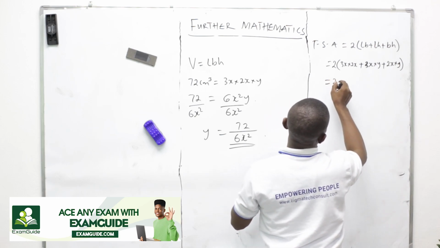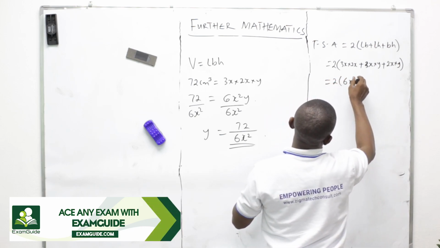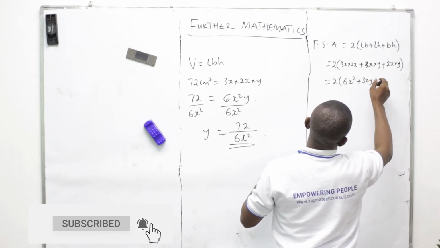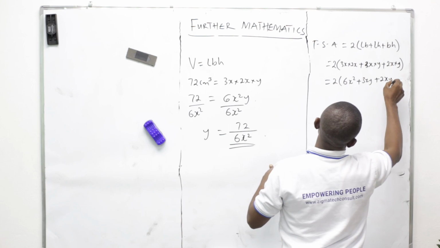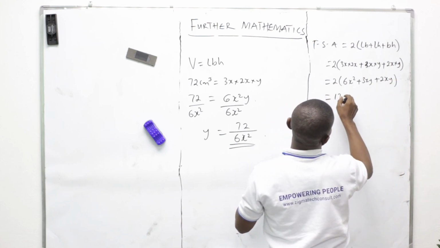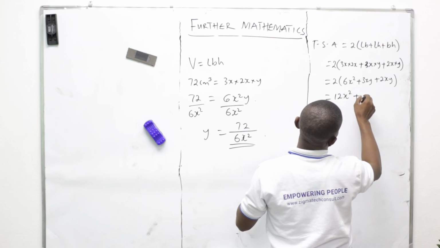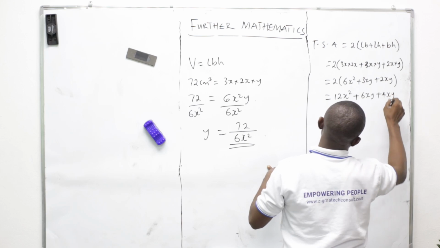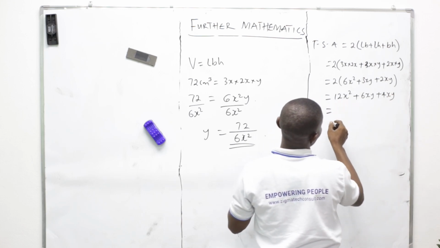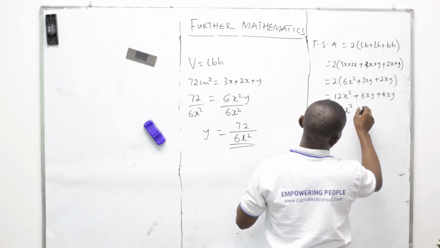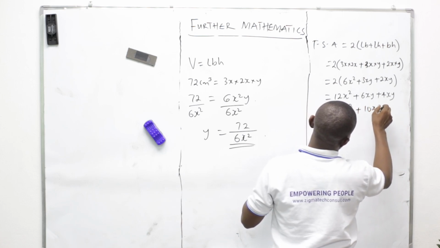This will give us 2 brackets 6x squared plus 3xy plus 2xy. That is 12x squared plus 6xy plus 4xy. This will give us 12x squared plus 10xy.